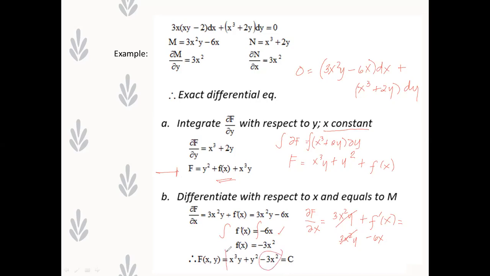This is already the solution of your exact differential equation using method 3. Any question? Okay, so no more questions.